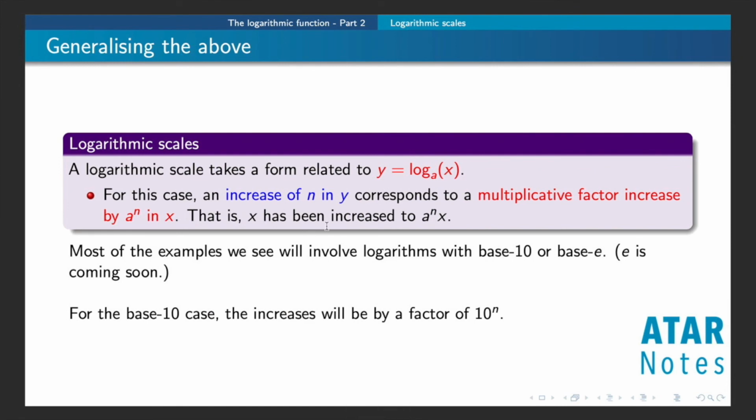Instead, if you increase y by some random value, n, then rather than just adding n to x, you have to multiply x by a to the power of n instead.